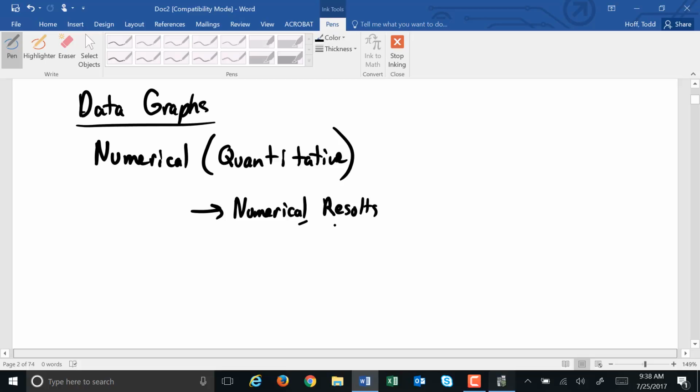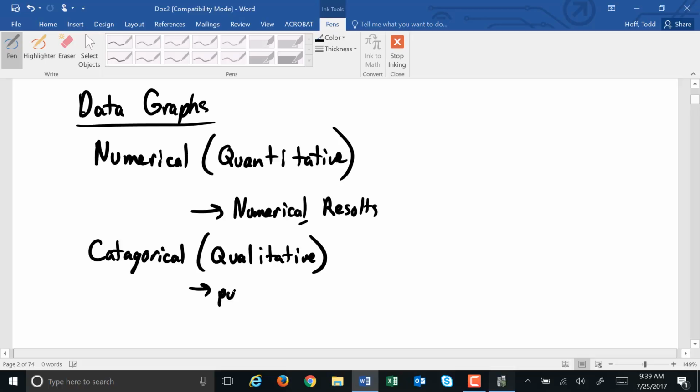The other type of graph we're looking at is categorical, or sometimes called qualitative. Qualitative or categorical is displaying a quality of something, or it puts you in a category.